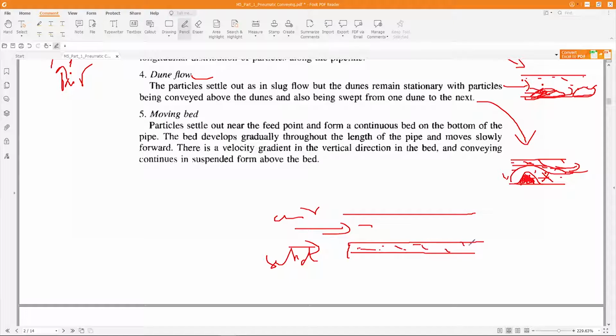All the solids form a kind of bed at the feed point, and this bed will develop along the flow direction. This bed will also move. That's why it is called a moving bed. This kind of flow pattern is called moving bed.